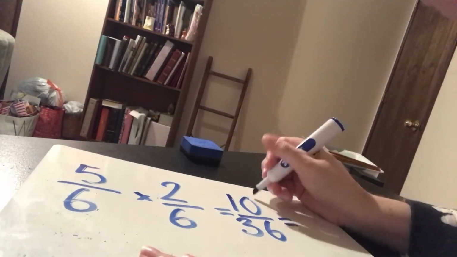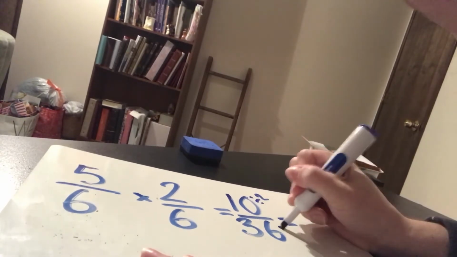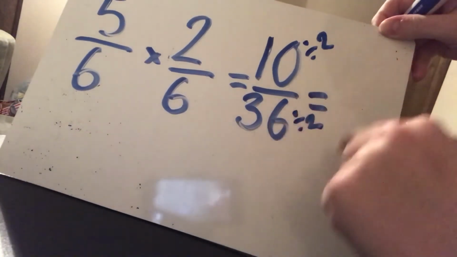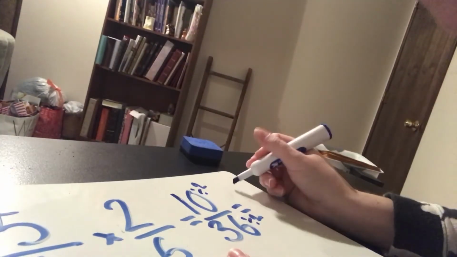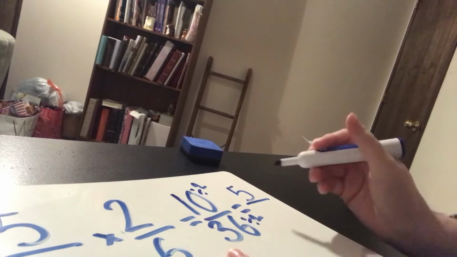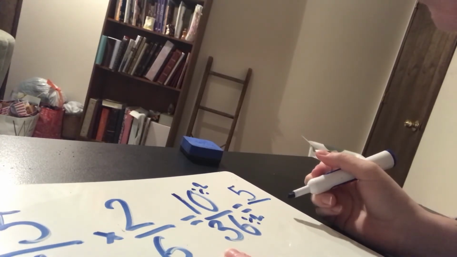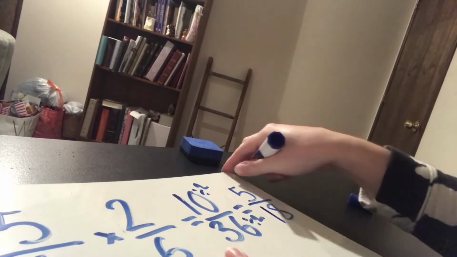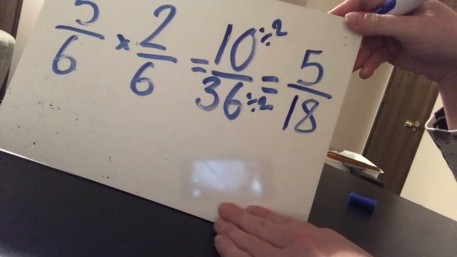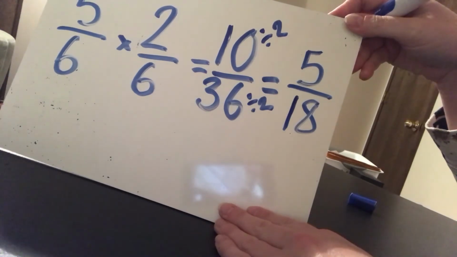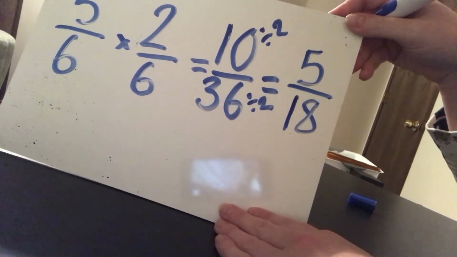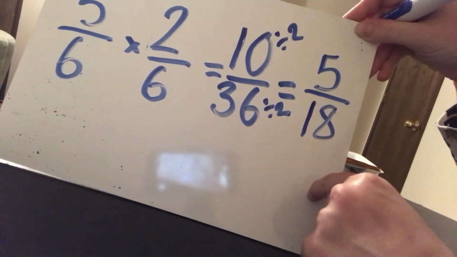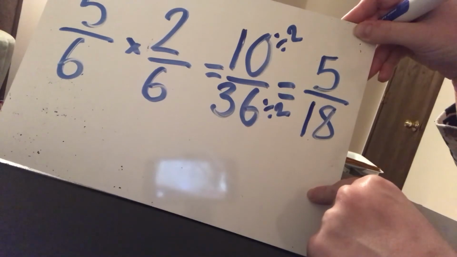So I'm going to divide the top by 2 and divide the bottom by 2, because you have to do to the top what you do to the bottom. So 10 divided by 2 is 5. 36 divided by 2 is 18. So then I have 5/18. I don't think 5 goes into 18 evenly. I don't think there's any factors. I think that's the simplest form I can get it in.